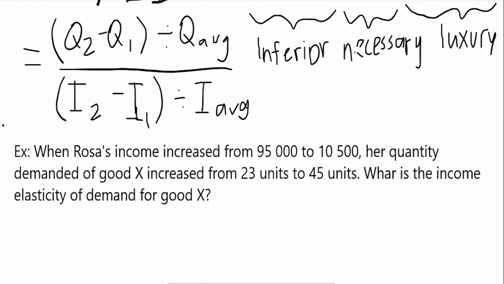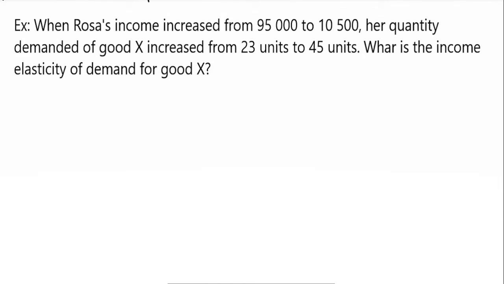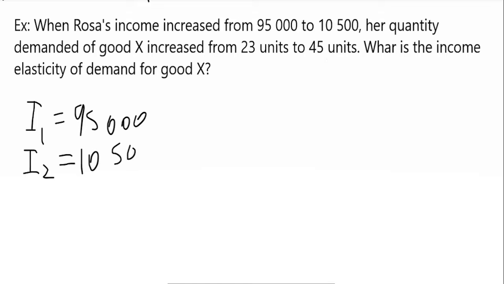We're going to take a look at an example. So when Rosa's income increases from 95,000, so our income 1 is equal to 95,000, to 10,500, income 2 is 10,500.